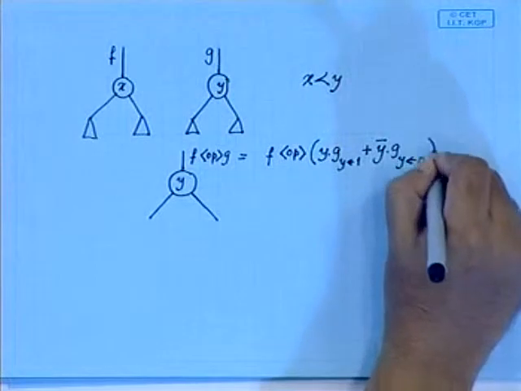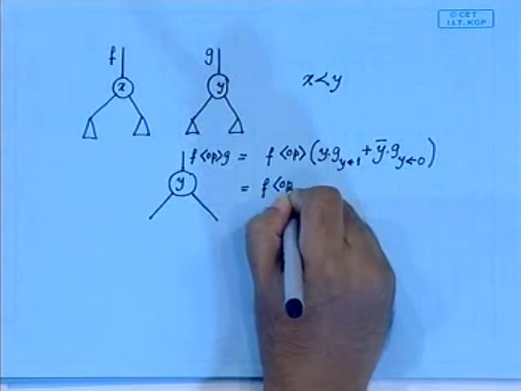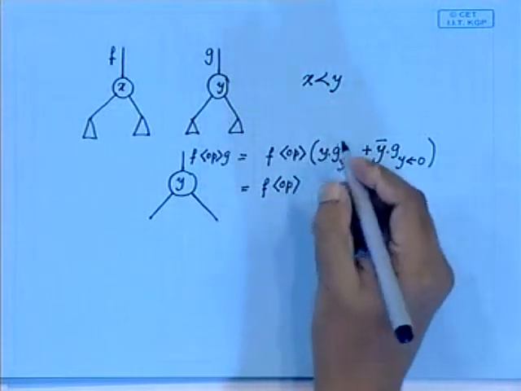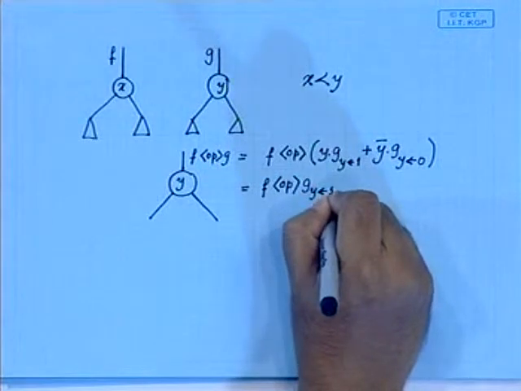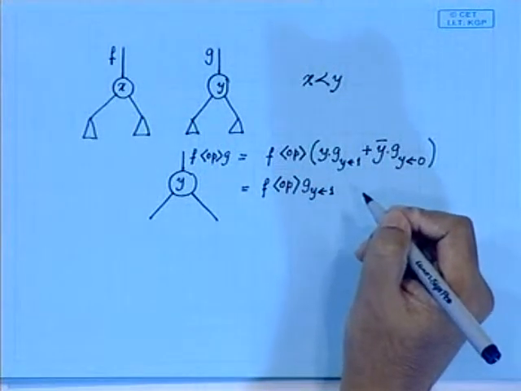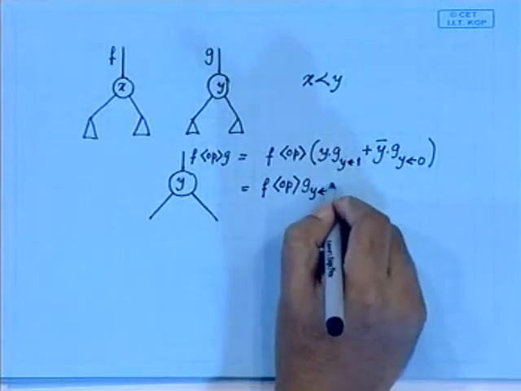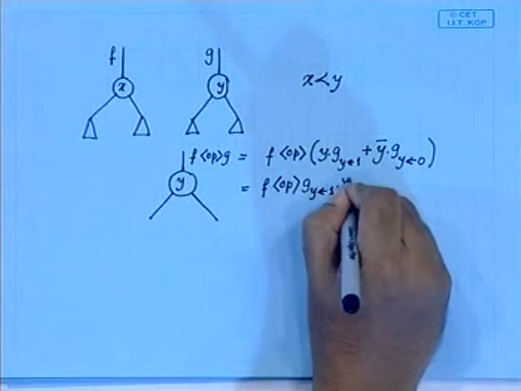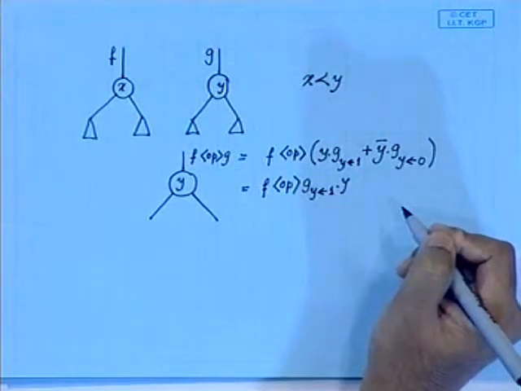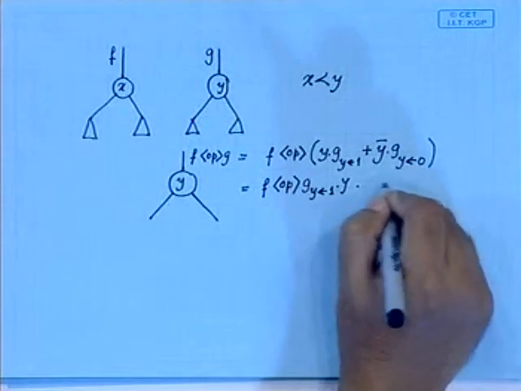And then this is f op g with y restricted to 1. So in the BDD, this times y, of course, and this is the other term.